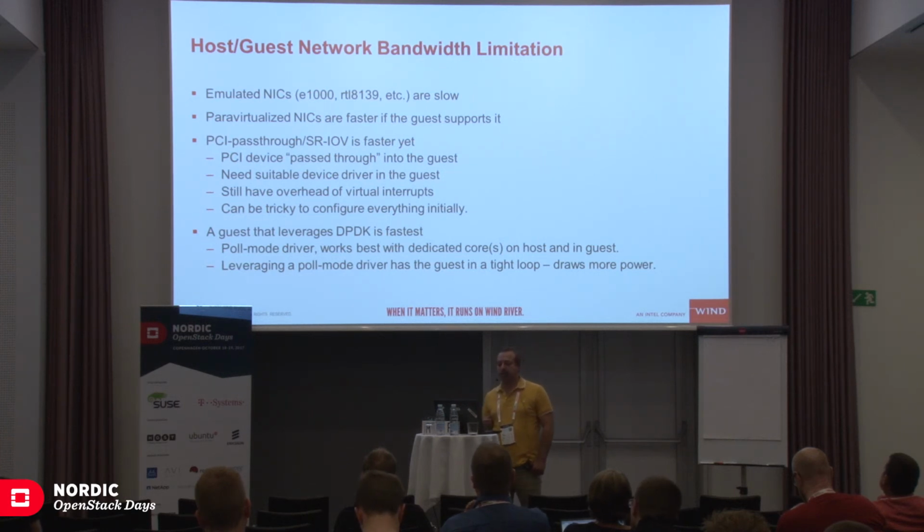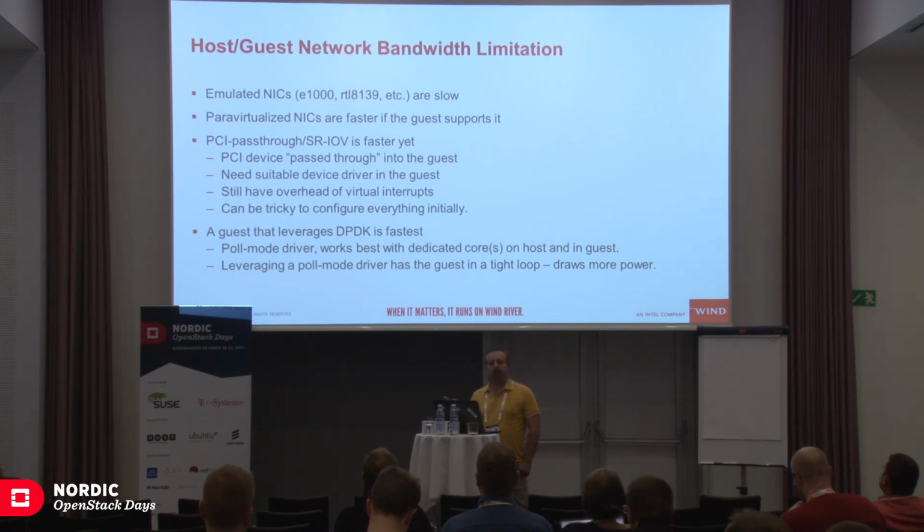If you're using SR-IOV or PCI passthrough, you're going to be much faster because you get the real NIC in your guest. But there are some downsides: you're going to miss live migration, you're going to miss security, you're going to miss all the features that exist in your virtual switch because you're bypassing everything.